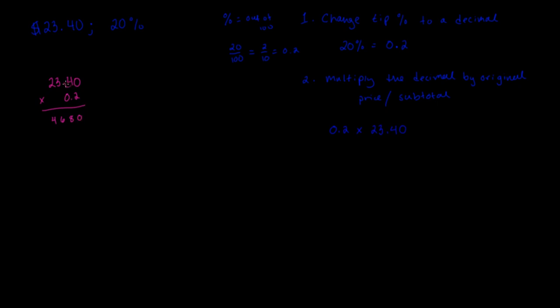And I had 2 decimal places here and 1 there. So that's 3 total. So I need to do 3 down here. So we're going to do 1, 2, 3, back the other way.